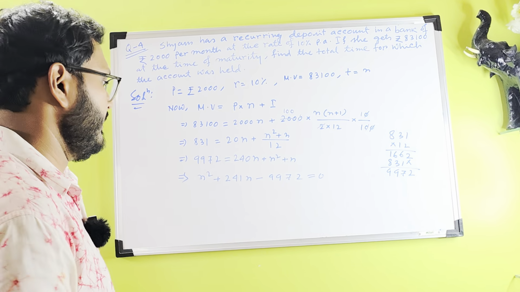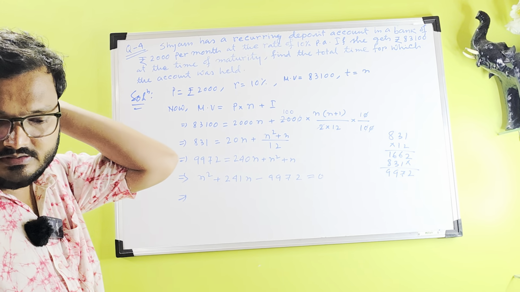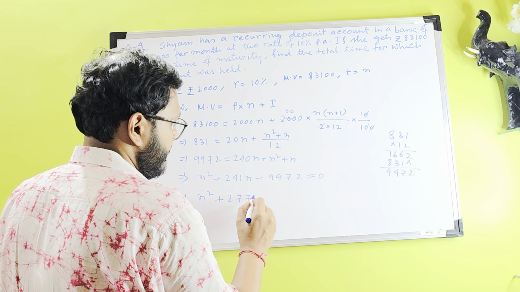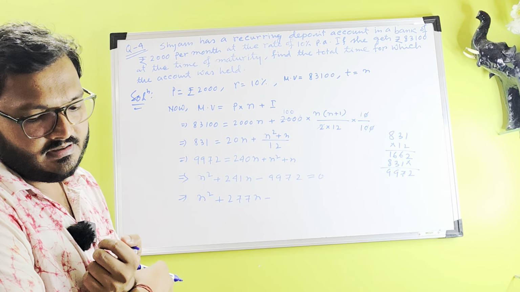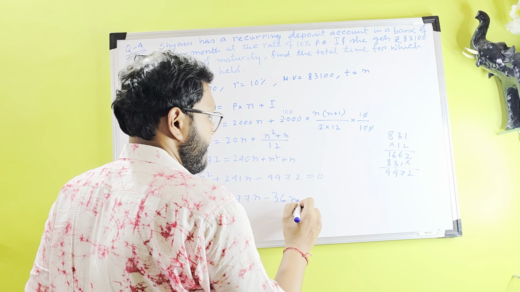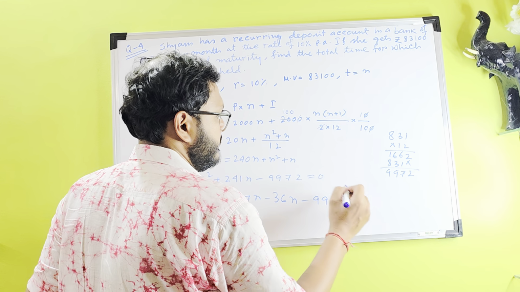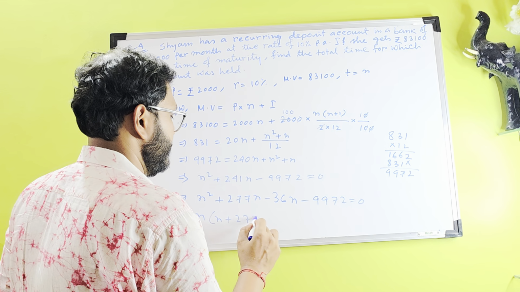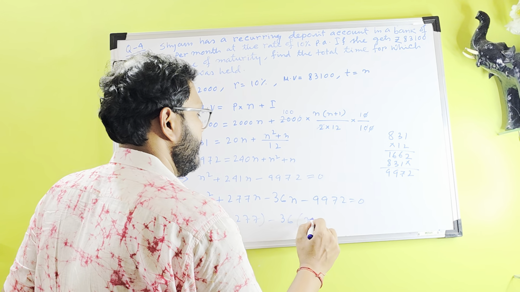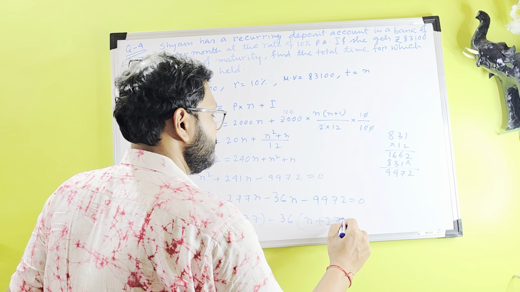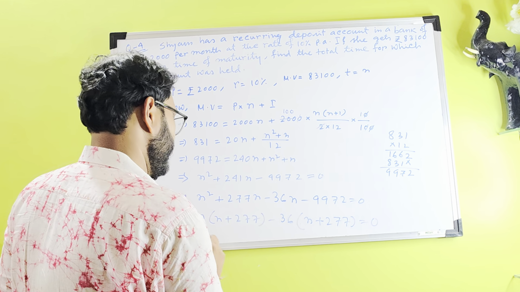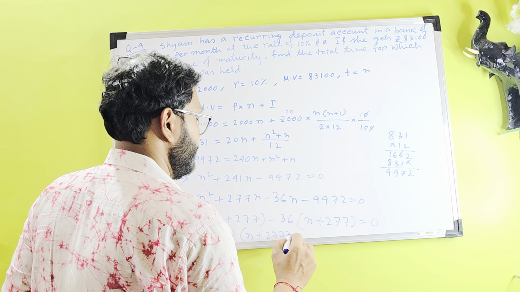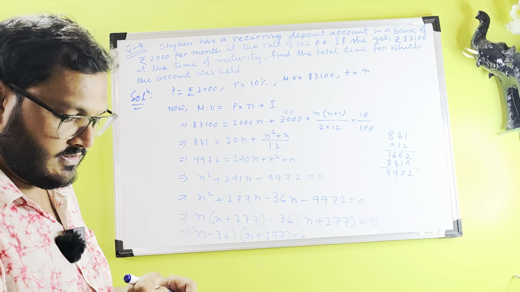Splitting as n square plus 313n minus 36n minus 9972... taking common, (n minus 36) into (n plus 277) equals 0.